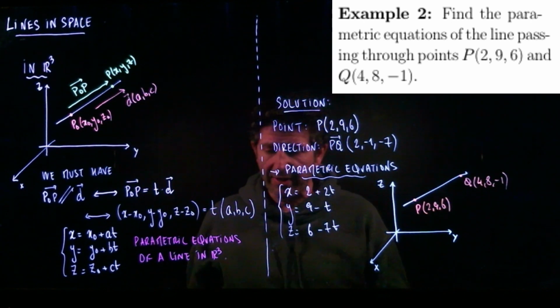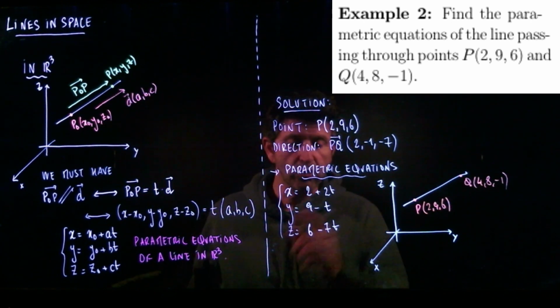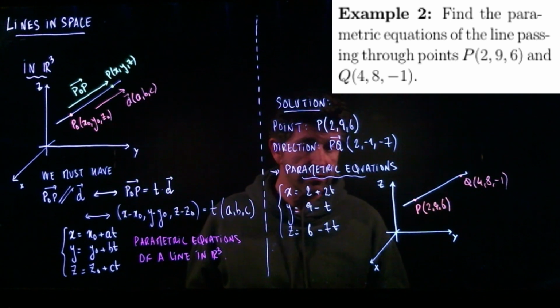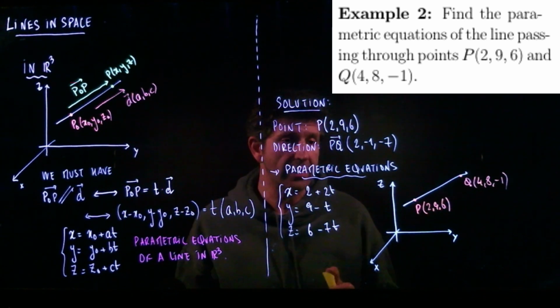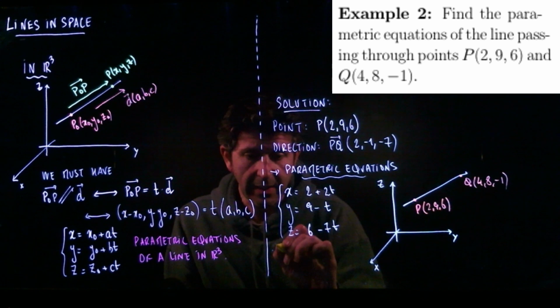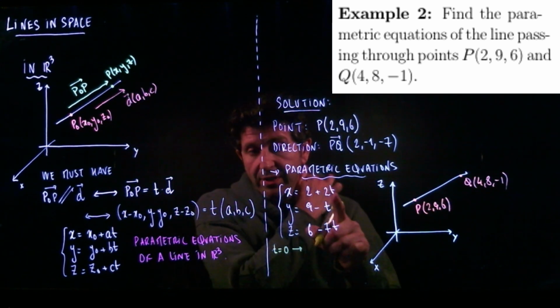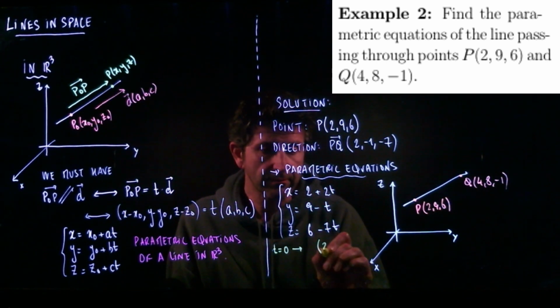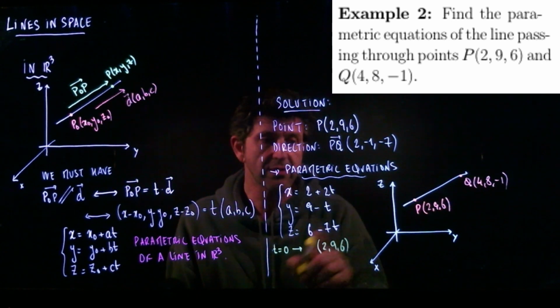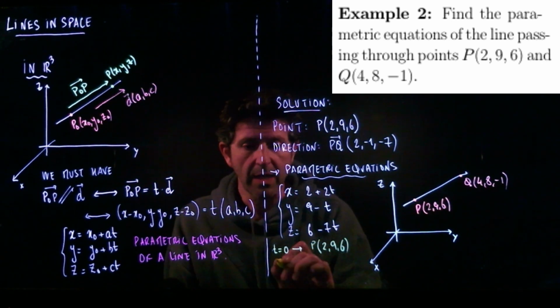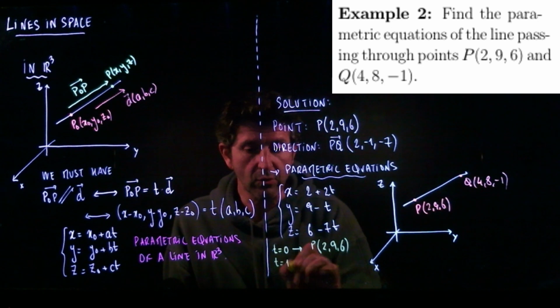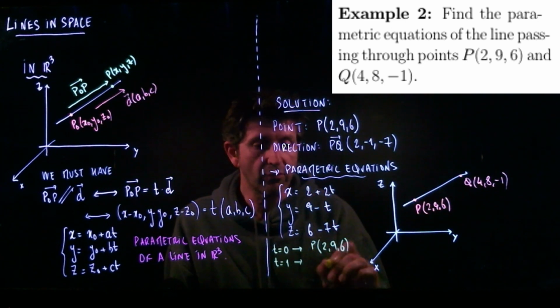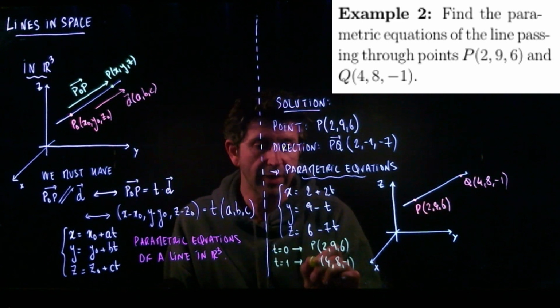And depending on what I choose to set as t, I will get a different point x, y, z. So for example, let's say t is 0. Well, if you plug in 0 for t, you will get 2, 9, 6, which is in fact P. If we put t equals 1, we'll get 4, 8, negative 1, which is in fact point Q.